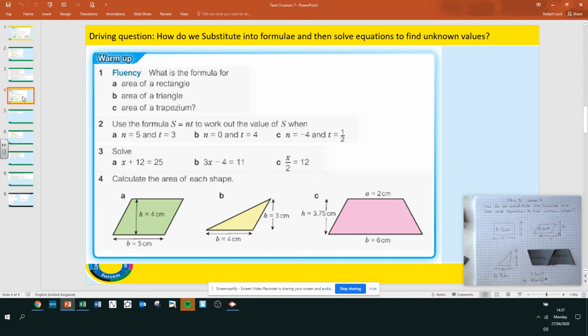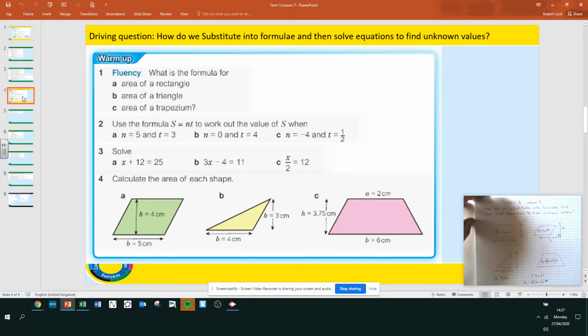Add them together and divide by 2, which means you get the mean of the length, top and bottom, and then you times it by the perpendicular height. So the area of a trapezium is A equals a half, a plus b, in brackets, times height.